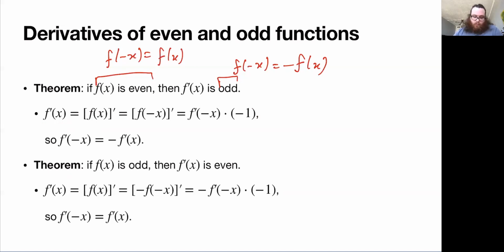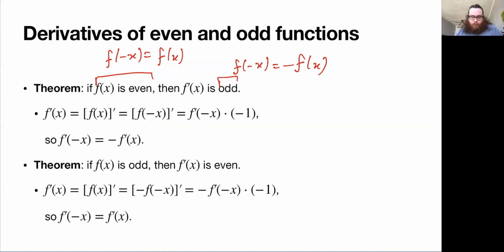Now we're going to write it in a way that highlights the fact that we're taking the derivative of this entire function f of x. Now we're going to say, well, f is even, so f of x is equal to f of minus x. Here we're taking the derivative of the composition of our function with negative x. So then the chain rule comes into play.